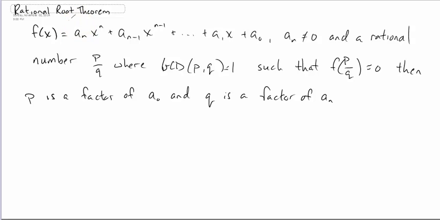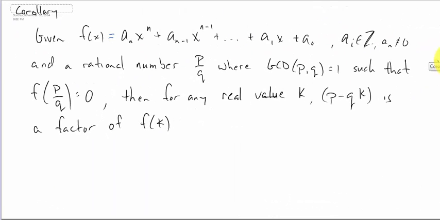Now, just like with the integer zero theorem, there's a corollary that goes along with this. It says that if we have a polynomial with integer coefficients, leading coefficient not equal to 0, and a rational number p over q where p and q are relatively prime, such that it is a zero of the function, then for any real value k, p minus q times k is a factor of f of k.